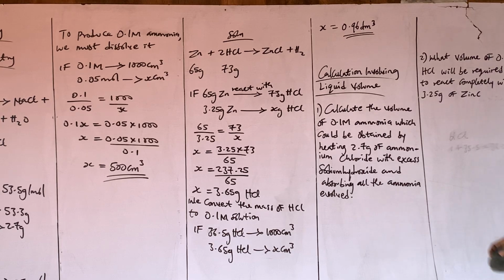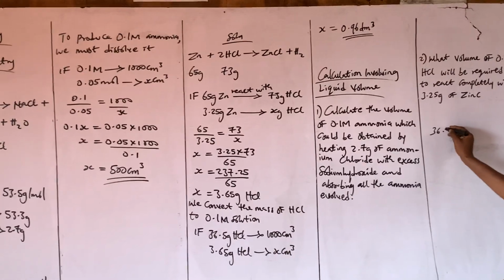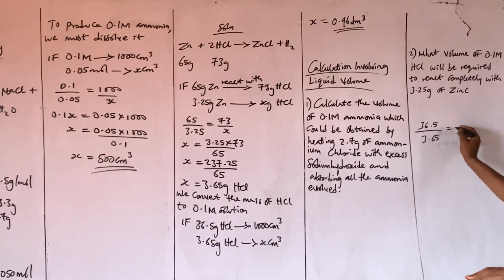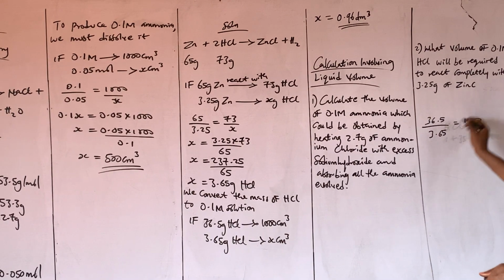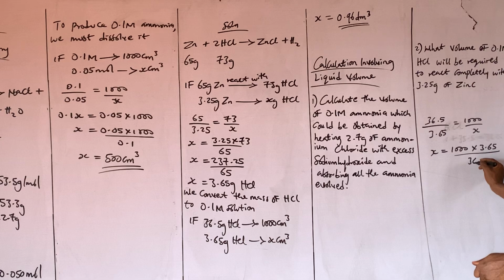So now we say 36.5 over 3.65 is equal to 1000 over x. When you cross multiply, you have x is equal to 1000 times 3.65 over 36.5.